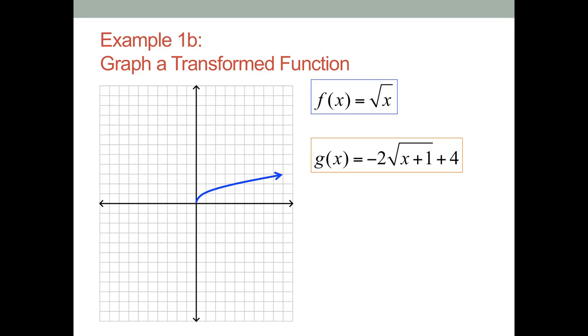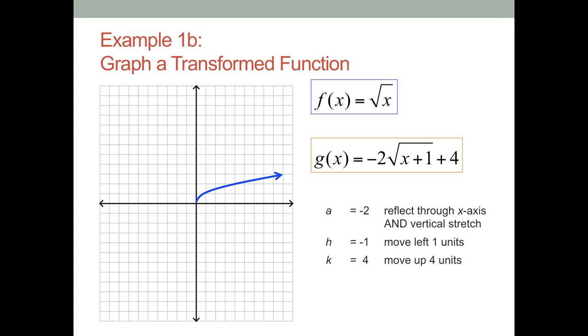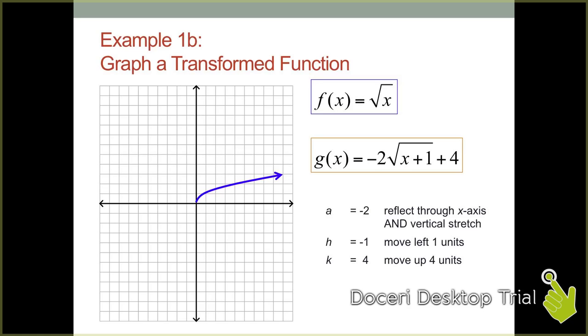Then we want to take a look at our g function and identify the a, h, and k again. So in this case, I have an a value of -2. That's my a. I have an h value right here.